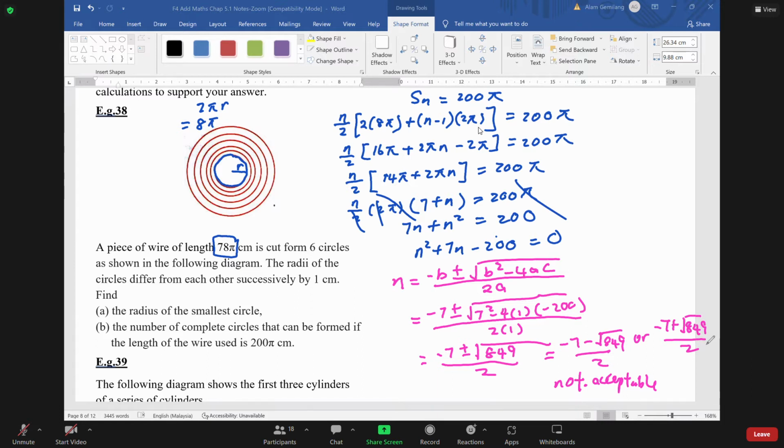You get 11.07, right? So your answer is 11 circles. If the wire length is 200 pi, it can form 11 circles.